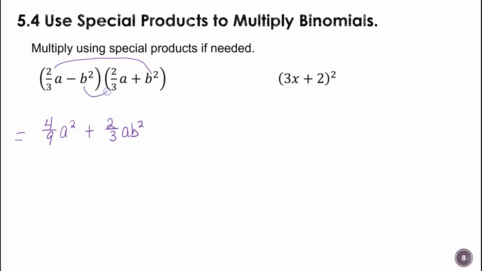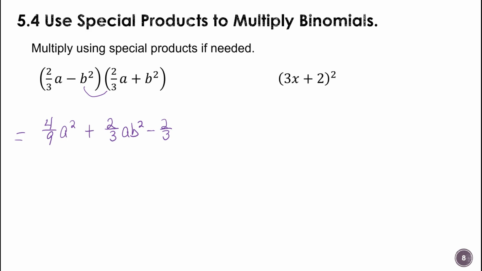All right, so now we have these two. So we're going to distribute the negative b squared now. So negative b squared times 2/3 a is going to be negative 2/3. I'm writing this out the long way this time, you guys. We could have used the special product, but I just want to kind of show you because sometimes it's confusing.